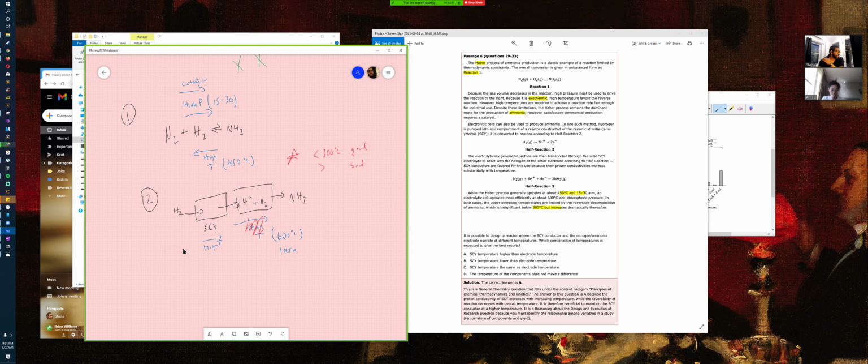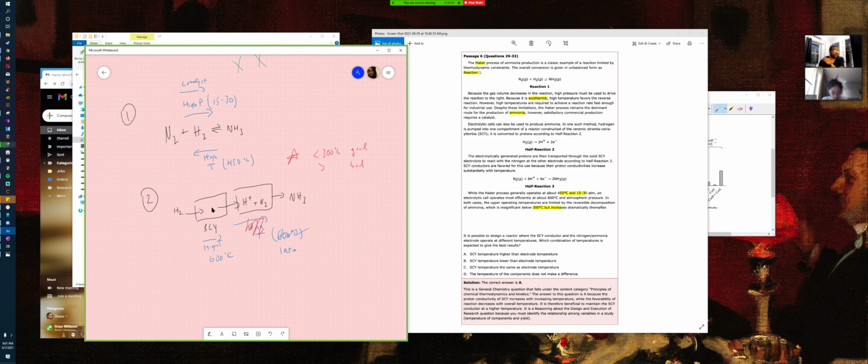The other process involves H2 gas being thrown into an SCY electrode, which creates protons, which enter another electrode to interact with nitrogen gas to produce ammonia. And the SCY electrode's proton conductivity increases substantially with temperature. So I crossed out the high T there, and I'll put it here.